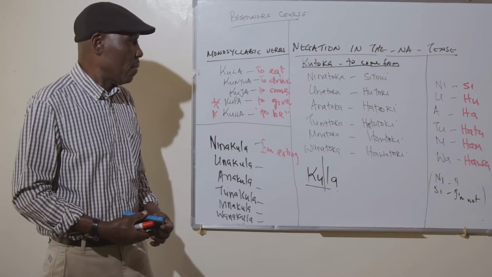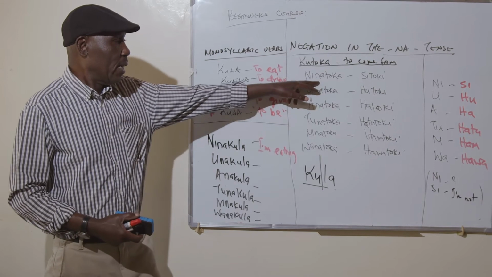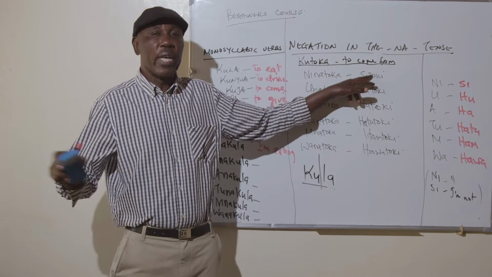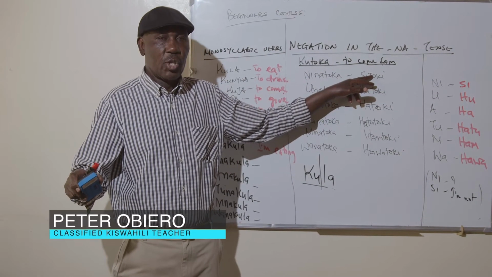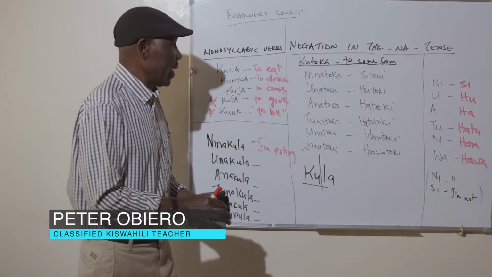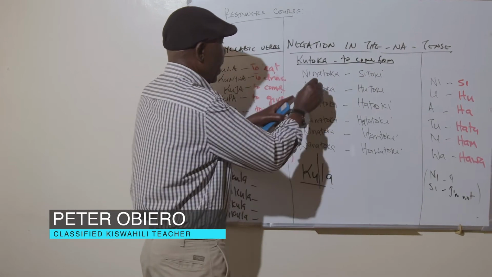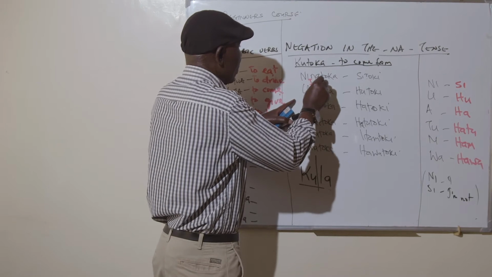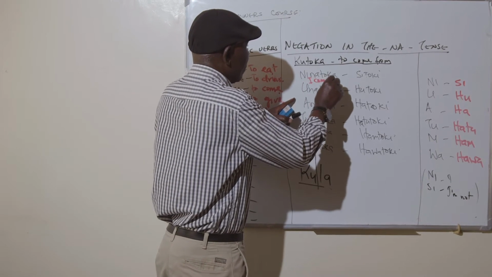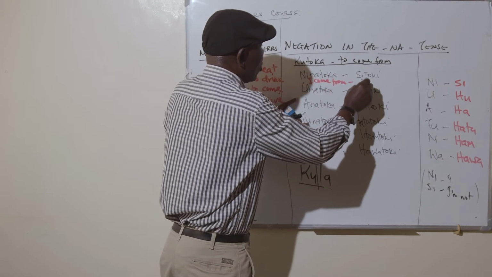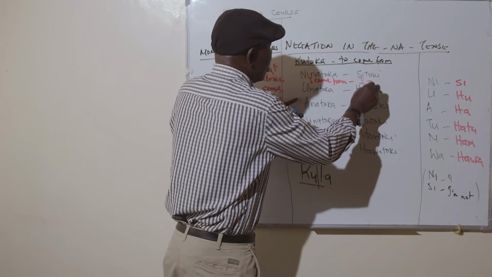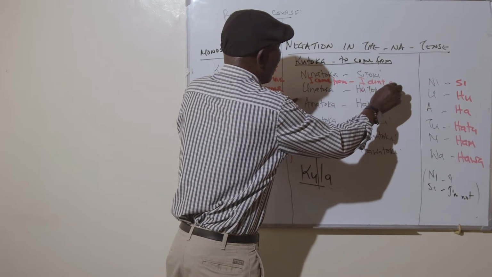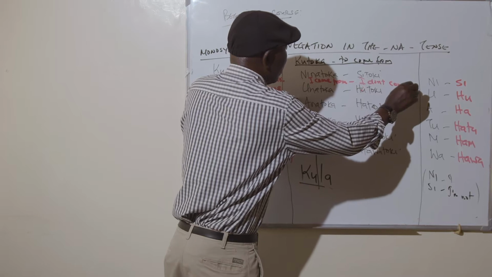So where we have ninatoka, it becomes sitoki. So ninatoka is I come from. Sitoki is I don't come from.